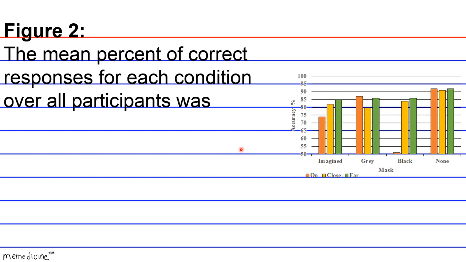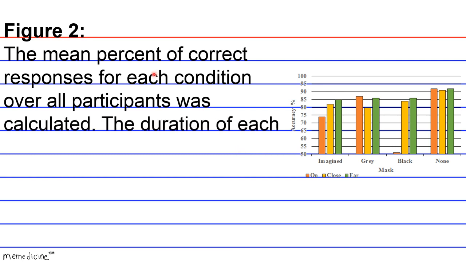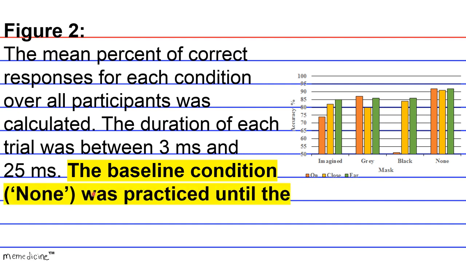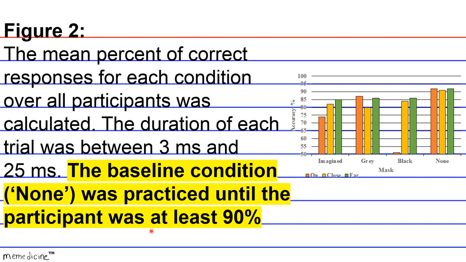And this is overall participants was calculated, and the duration of each trial is going to be between 3 milliseconds and 25 milliseconds. The baseline condition, none, was practiced until the participant was at least 90% accurate. Okay, so this is just to ascertain that they're reproducing the same level of accuracy.